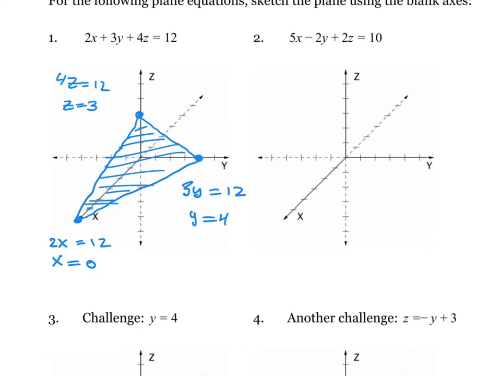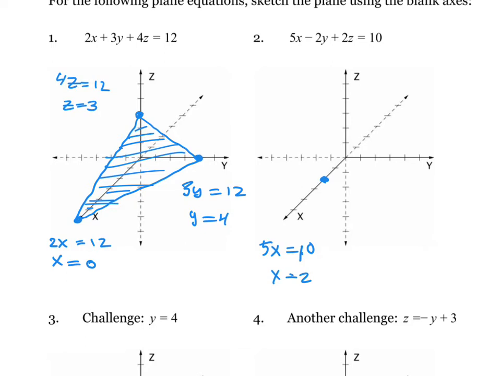All right, next example. 5x minus 2y plus 2z equals 10. So we'll do the same thing, axis by axis. X-axis, we're going to be solving the equation 5x equals 10 because y and z are 0 at that point, so x equals 2.